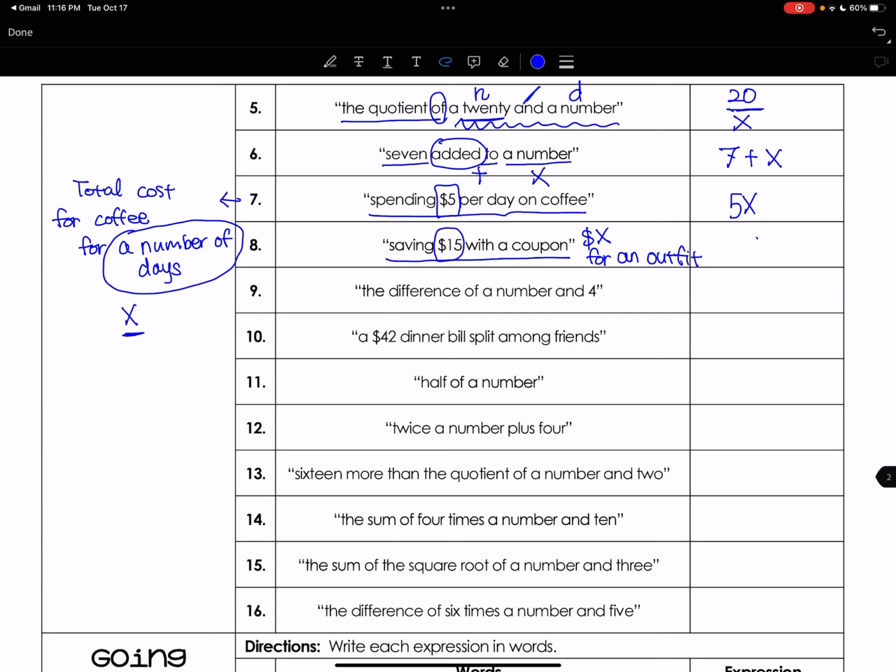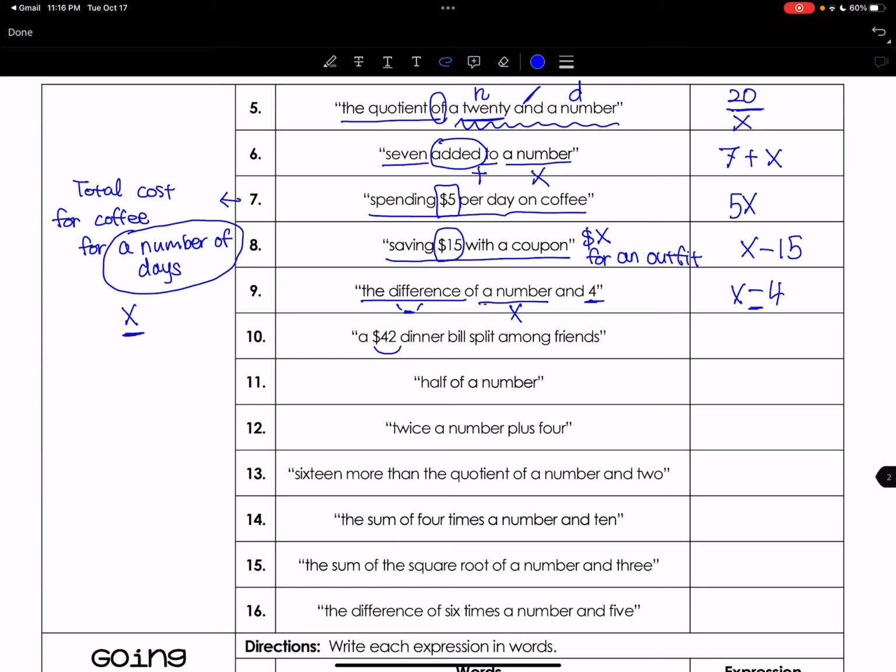So you should be subtracting 15 from X. And then the difference is subtraction. So the difference of a number X and 4, sorry. So a number is X and 4. So to figure out the difference, you have to use a subtraction sign.